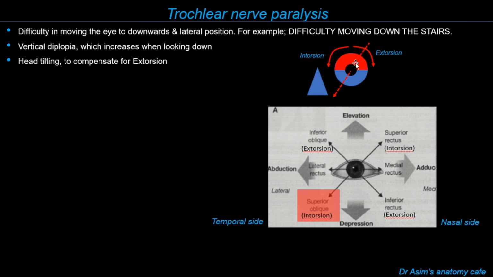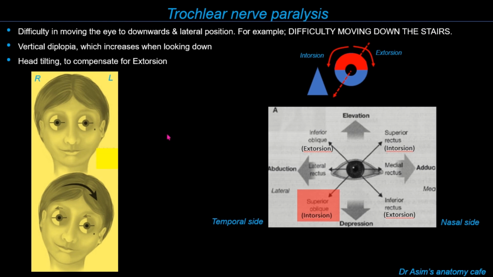Now, if this is the anteroposterior axis of the eyeball, then the eyeball can rotate inwards, which is known as intorsion along the anteroposterior axis, or it can rotate outwards along the anteroposterior axis, and this movement is known as extorsion. So intorsion is the rotation of the eyeball inwards along the anteroposterior axis, and extorsion is the rotation of the eyeball outwards along the same axis.